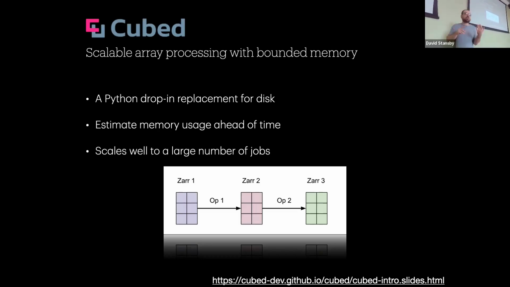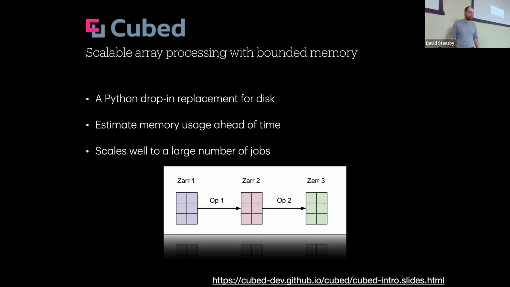It has 2 unique selling points. It estimates the memory you're going to use ahead of time. You set up an operation and it says, I think you're going to use this much memory. Then it will either say you don't have enough memory, rethink what you're doing, or great, it'll probably work.